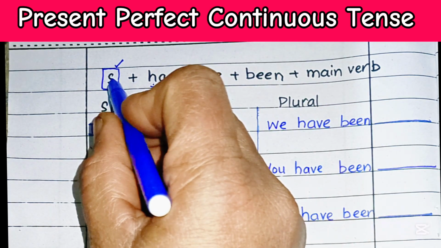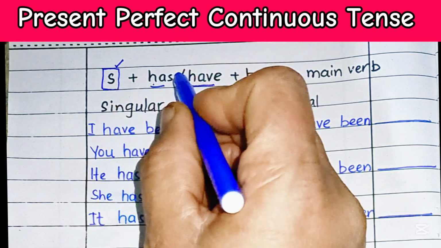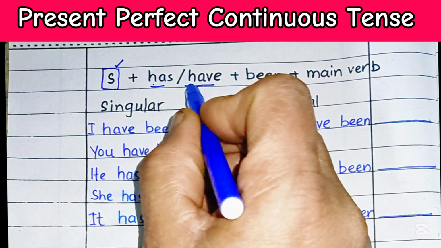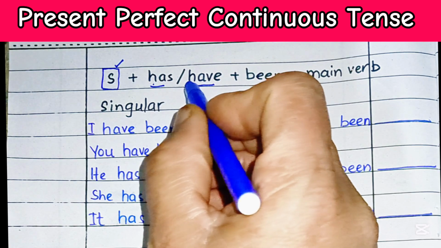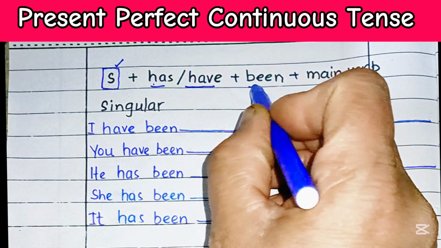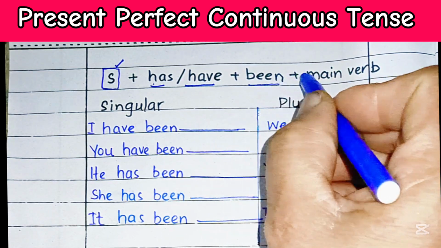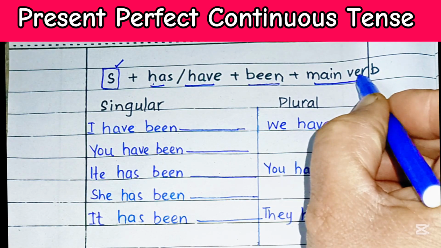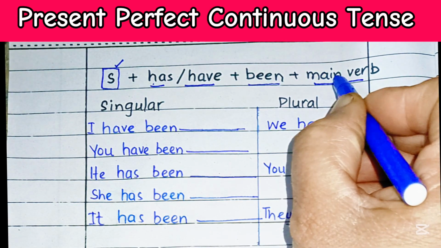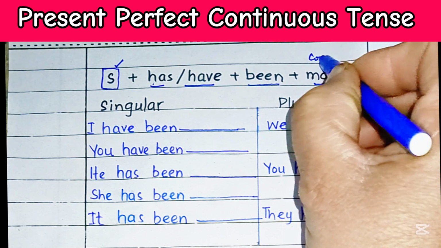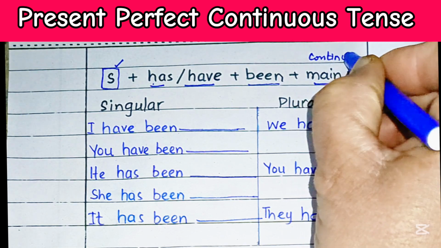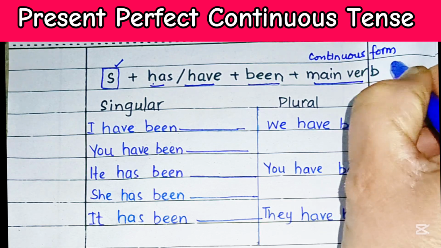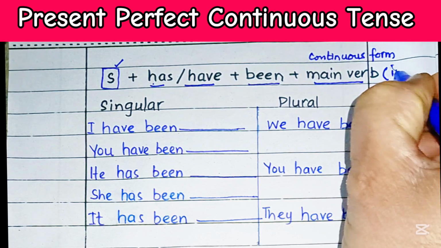If the subject is singular and if it is plural, then we have to choose has or have accordingly. Then use the word been and then the main verb. The main verb is going to be in the continuous form, meaning the ing form.